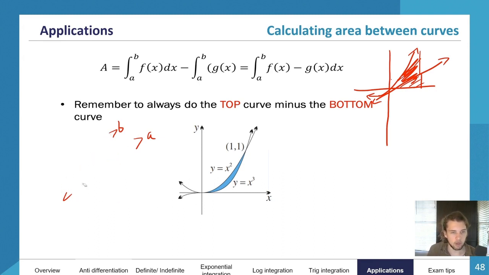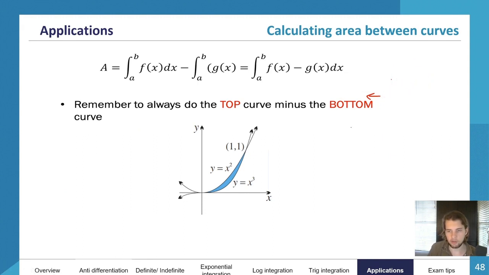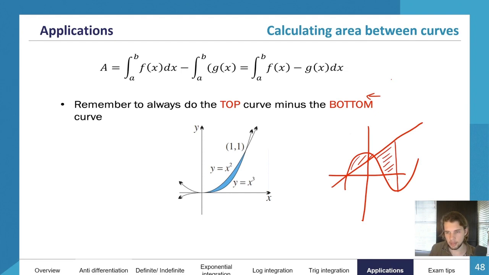It can get a lot more complicated because, for example, you have this line here, and you want to get the area between here and then between there as well, and then down there as well.